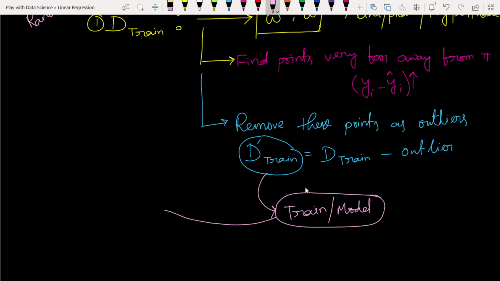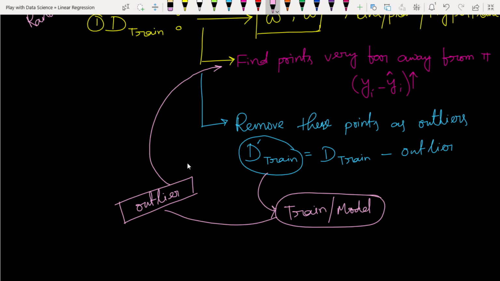Using this model, we again find the outliers by this technique, and again remove these outliers and retrain the model, repeating this technique.